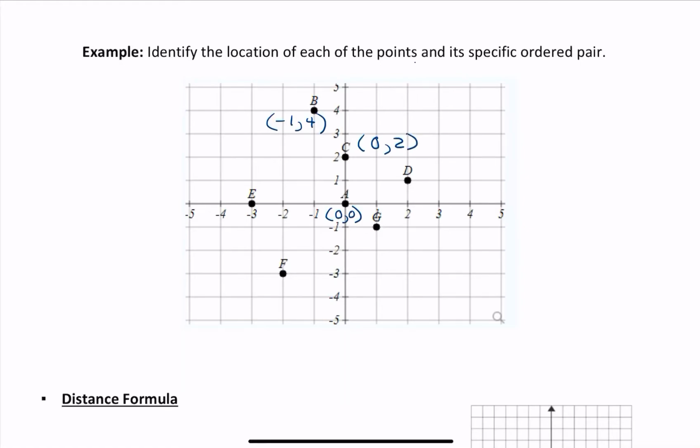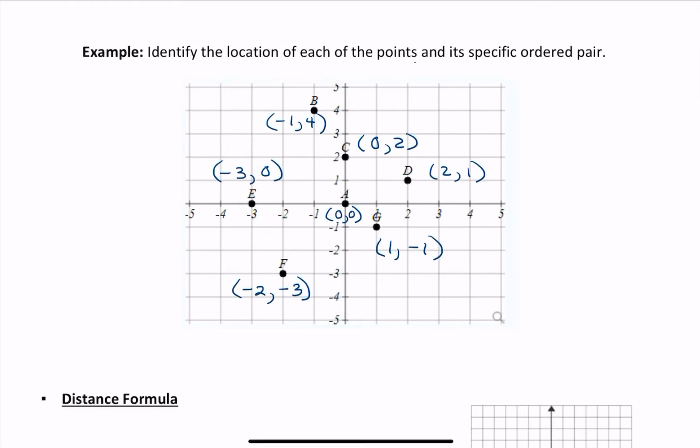D, you've gone right 2, up 1. E, you've gone to the left 3, so the x coordinate's negative 3, but you don't move up or down, so that y coordinate is 0. F is to the left 2, down 3. And then G would be right 1, down 1.